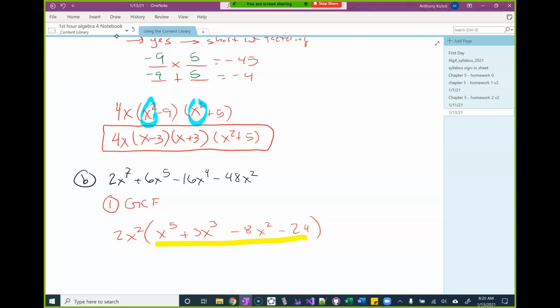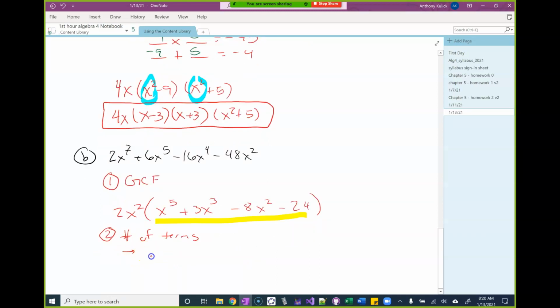It doesn't have any more effect on what's going to happen next. But the stuff inside the parenthesis, we do need to worry about. So looking at the things that are left on the inside of the parenthesis, the next thing we look at is the number of terms. How many terms do I have? Well, it should be easy to count and see that we have 4 terms.